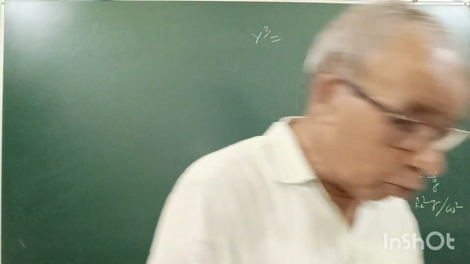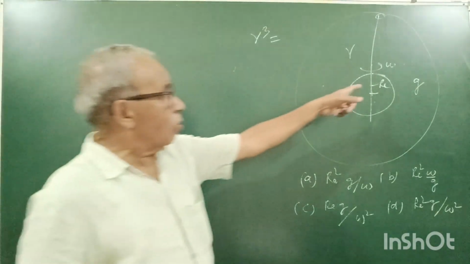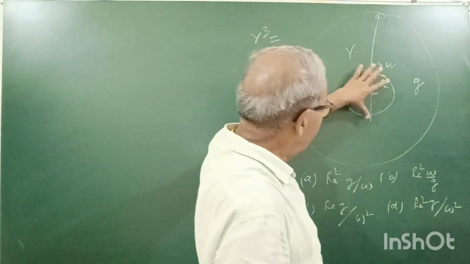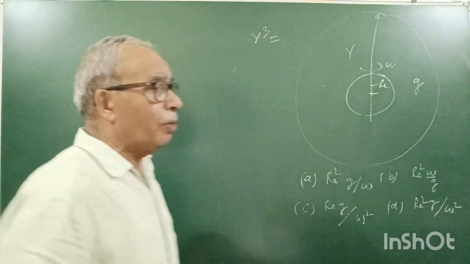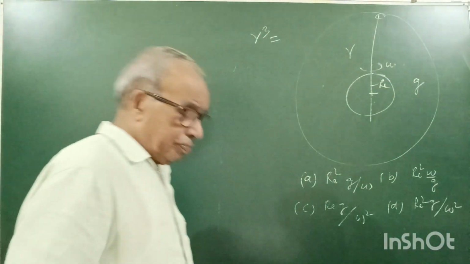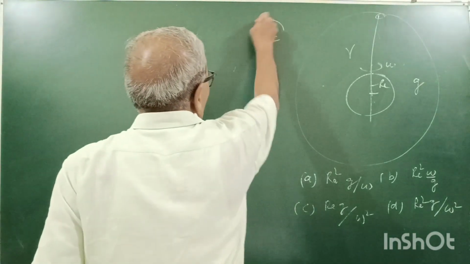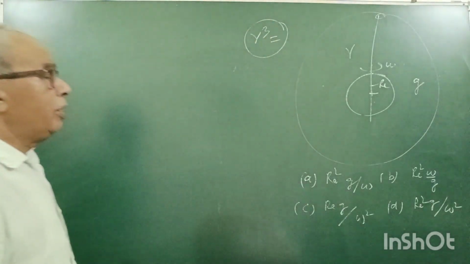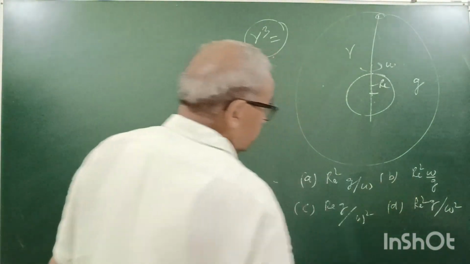I think you have got the question. Earth rotates about its axis with angular speed omega. The radius of Earth is RE. Acceleration due to gravity on the surface is G. So the cube of the radius of the orbit is related by one of these four options.